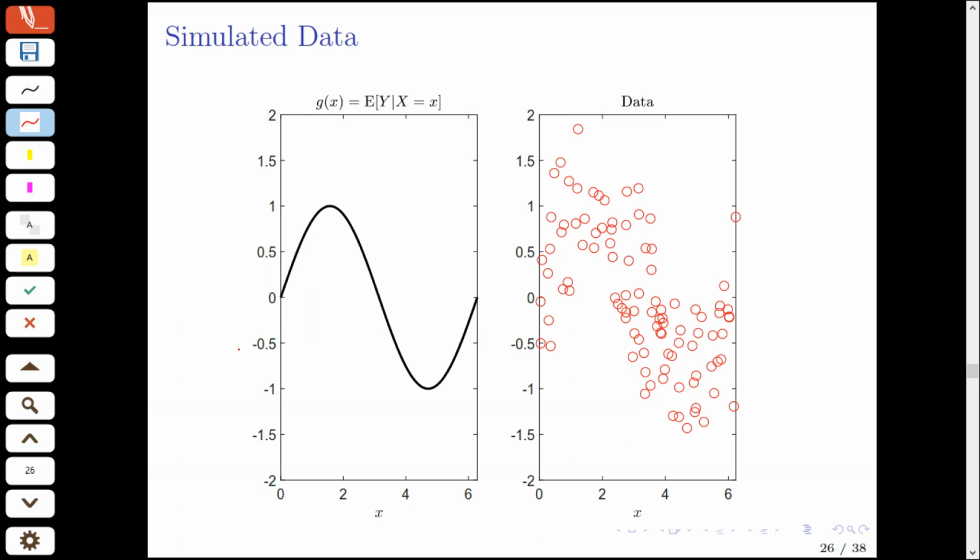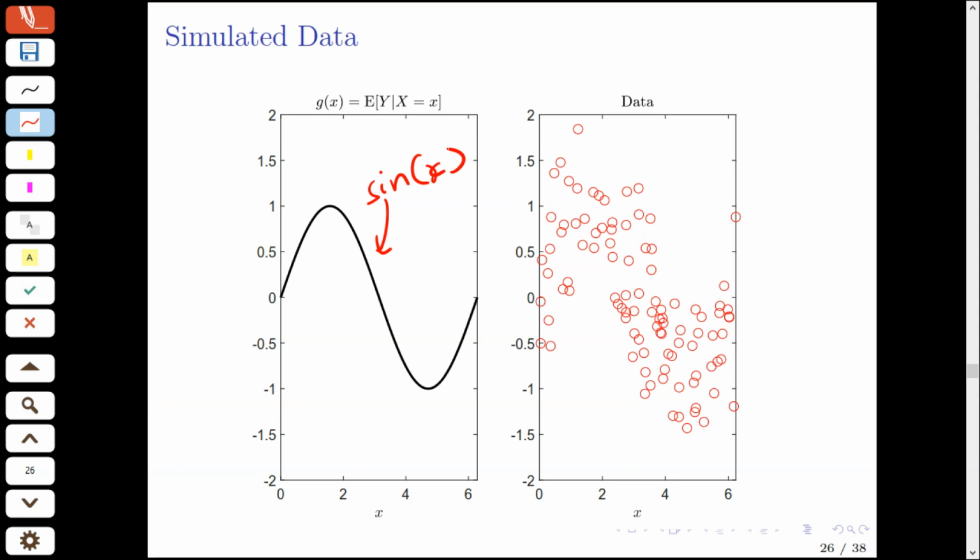So here I'm considering a setting with simulated data. So I have an outcome y of interest and just a scalar regressor for simplicity. And we're interested in estimating the function g, the conditional mean of y, as a function of x. In our particular setting here, this function is a sine curve, which is not that economically relevant, but it makes for nice plots.